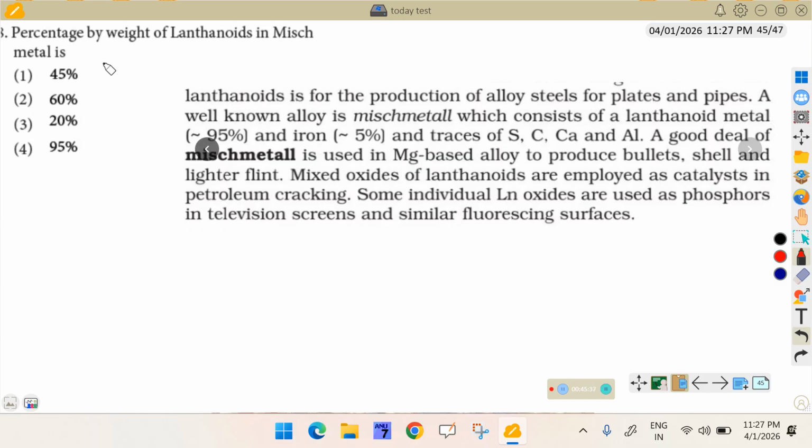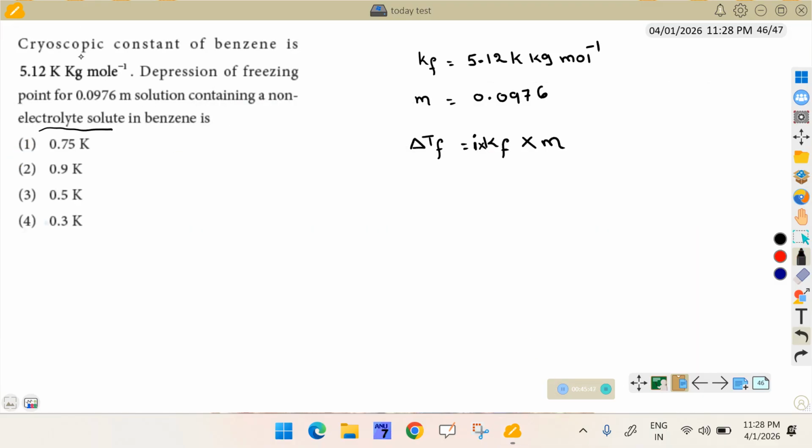Percentage by weight of lanthanide in Mischmetal is 95%. Cryoscopic constant of benzene is 5.12 kg mole inverse. Depression of freezing point for 0.0976 molar solution containing a non-electrolyte in benzene is: Kf value is given, molality value is given, calculate delta Tf.